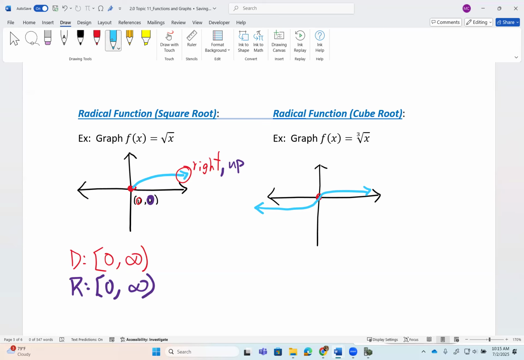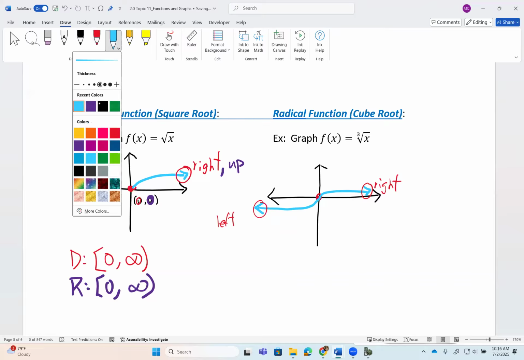It appears to be flat, but it's really not flat. This is pointing left, this is pointing right. But the y value is what's interesting. The y value changes so slowly. The difference from one y value to the next y value is so tiny that it makes it appear flat.